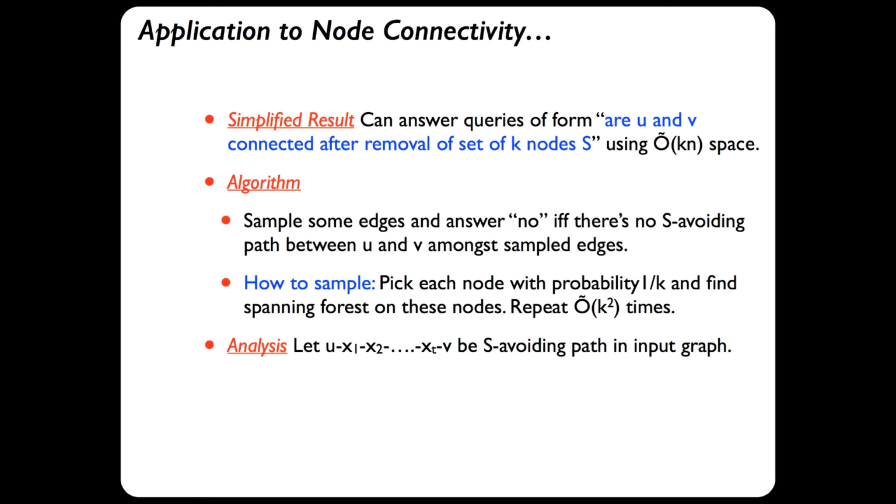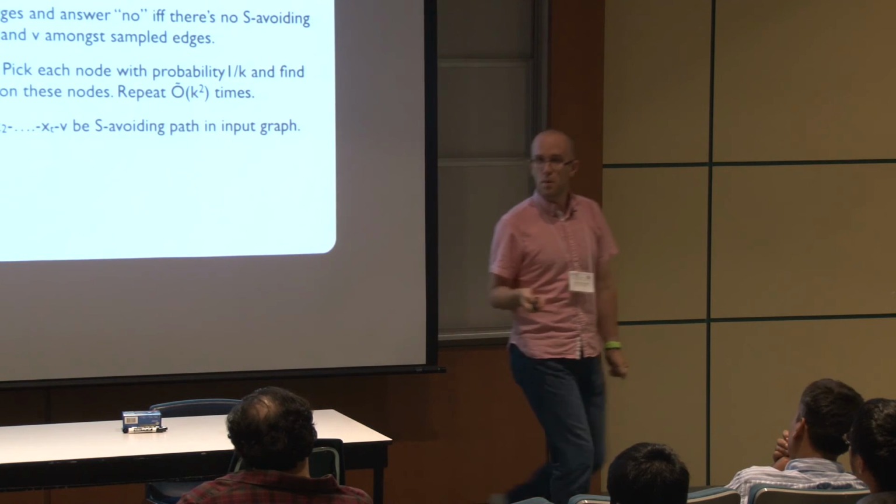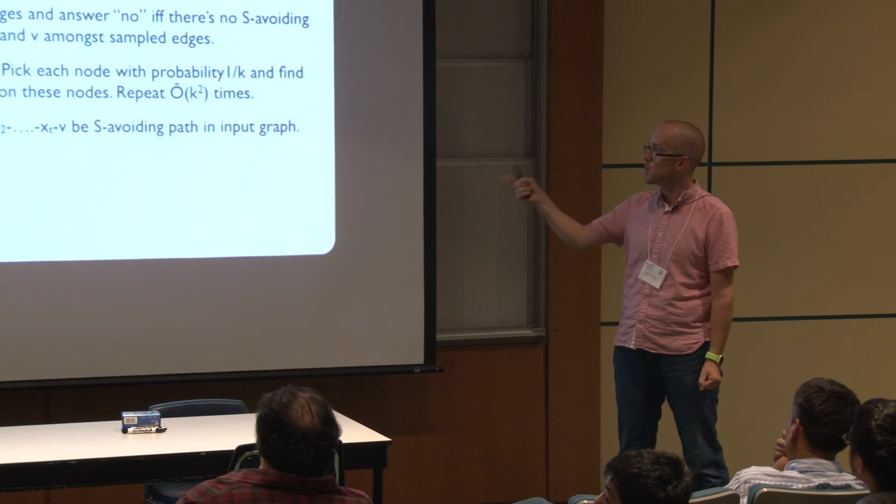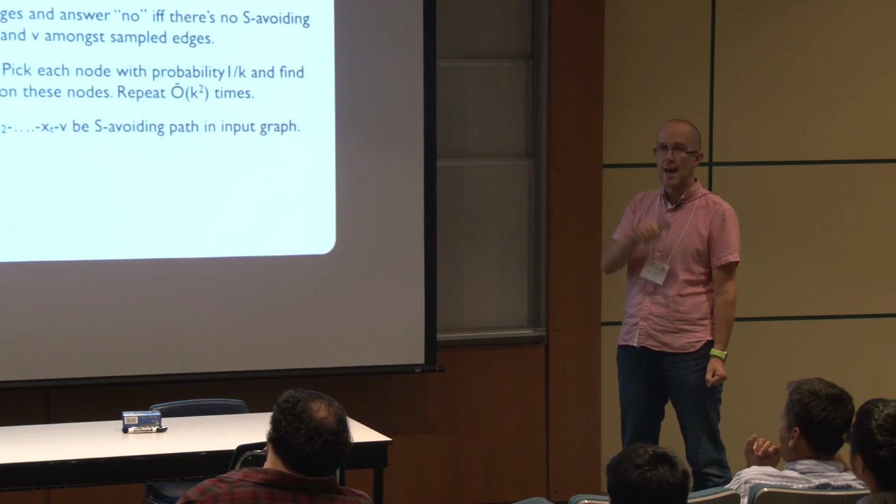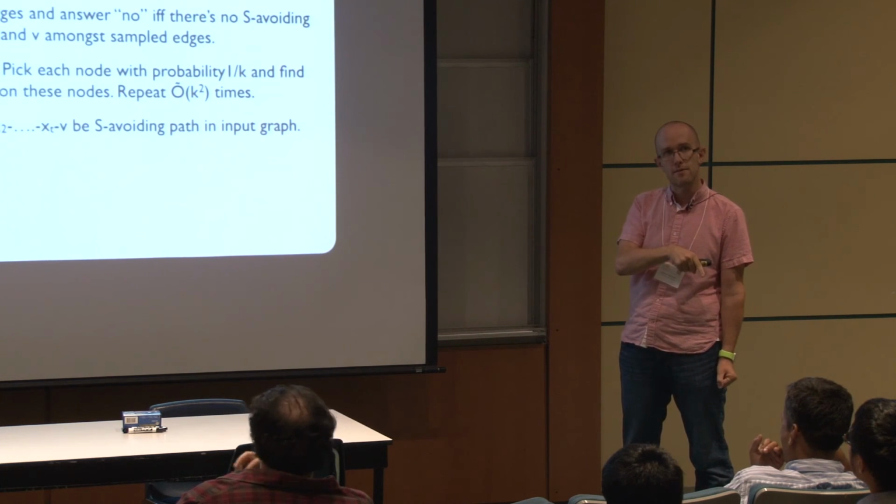You basically just say, well, consider it as an example where the original graph did indeed have a path between U and V that avoided the set S. So what we want to argue is that there's still a path between U and V that avoids S in the subsampled graph.